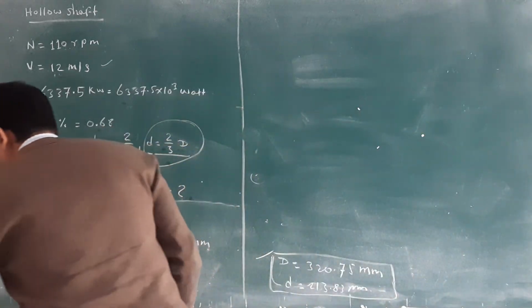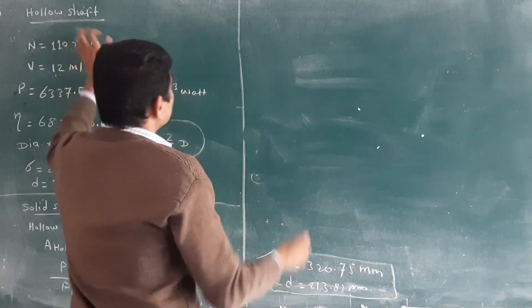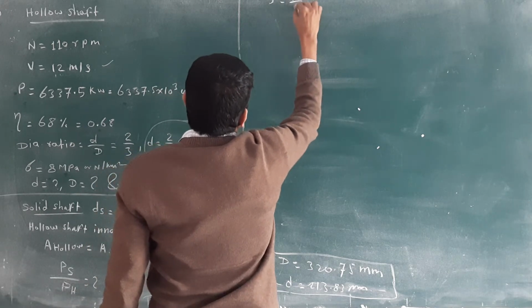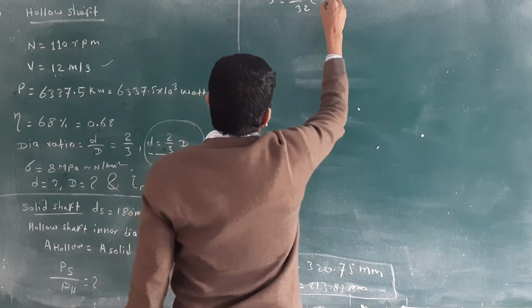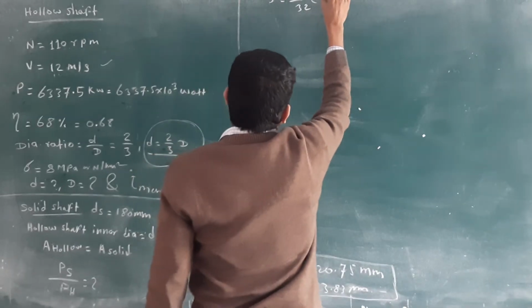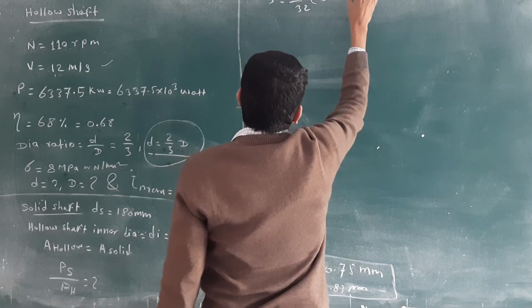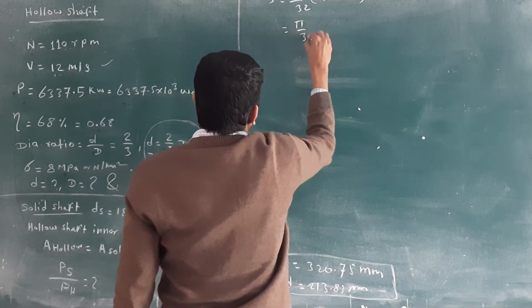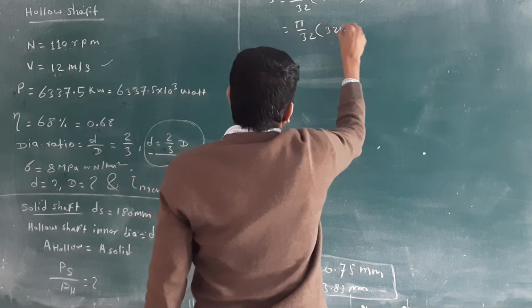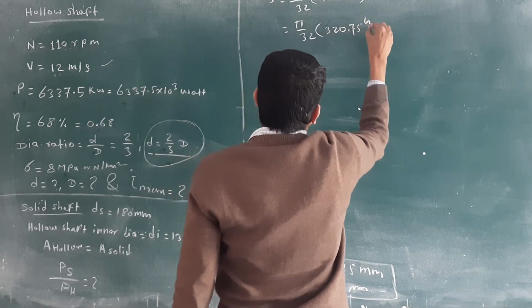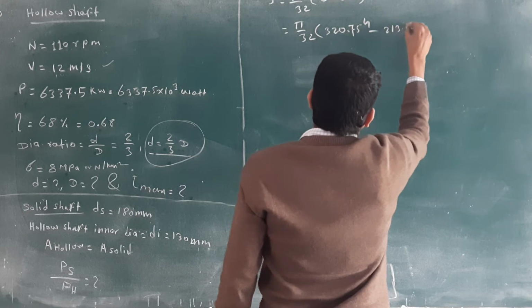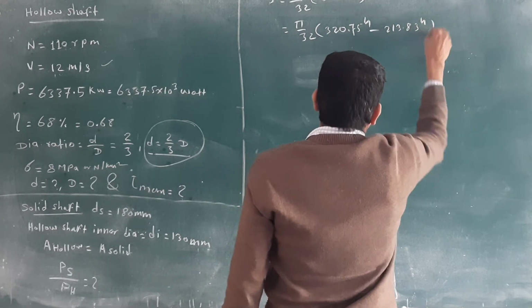You know the polar moment of inertia for the hollow shaft. Remember which shaft is given. Polar moment of inertia is pi by 32 into D raised to 4 minus small d raised to 4. Then pi by 32, put the value: 320.75 raised to 4 minus 213.83 raised to 4.